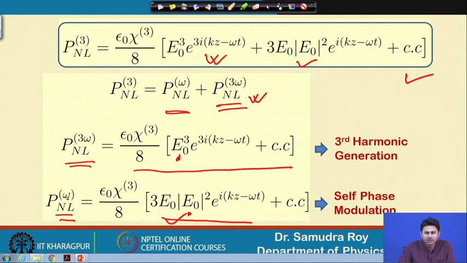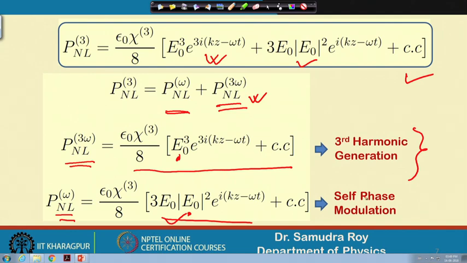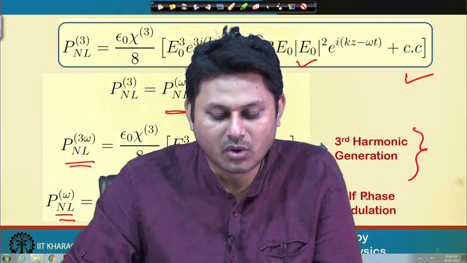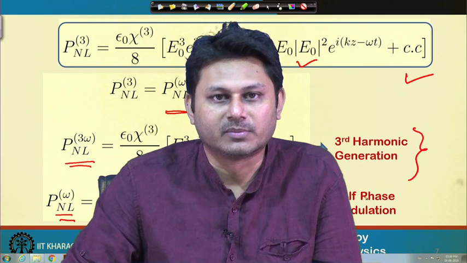So, the polarization component that is now vibrating with the frequency 3 omega is going to generate the third harmonic, because in the second harmonic generation case exactly a similar phenomenon was there. In that case, the nonlinear polarization was proportional to the E square term, and as a result we got a frequency component 2 omega.